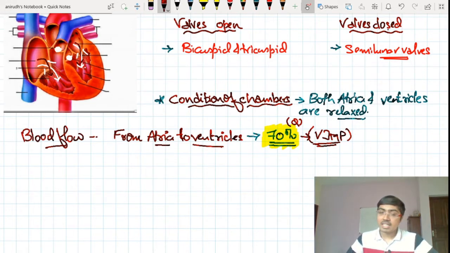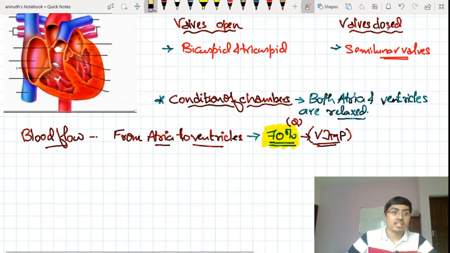Also, since the atria are relaxed now, the atria will also receive blood. This is an important point. So this is the vena cava. From here, the deoxygenated blood comes to the right atrium, and the oxygenated blood comes to the left atrium.